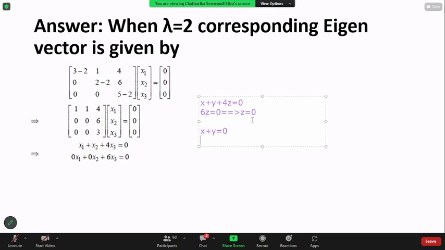From the second equation too, at most we can get z equals 0. But we need to find what x is and what y is. Then what to do?